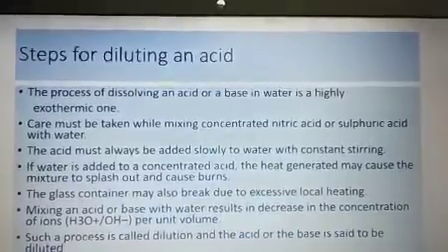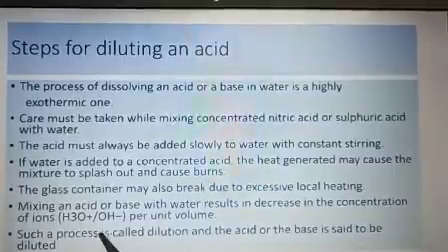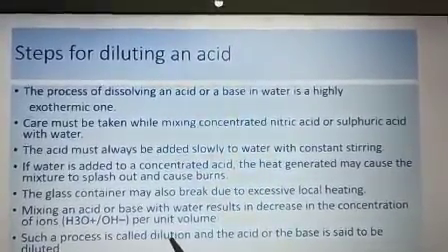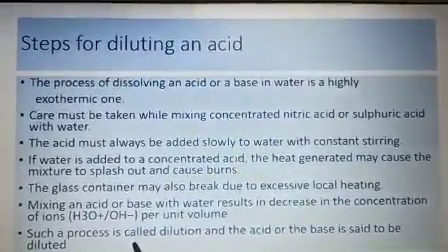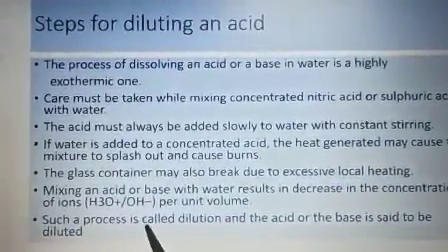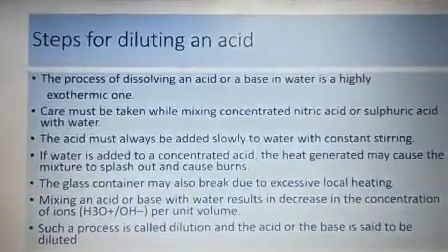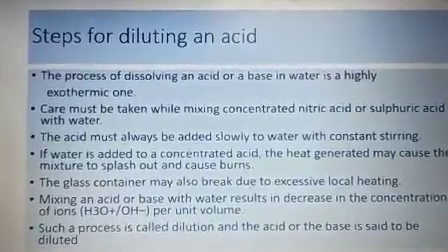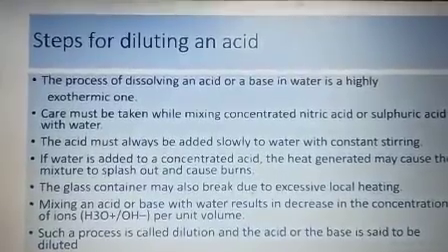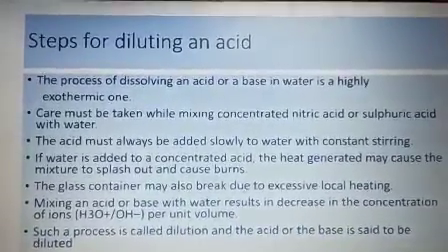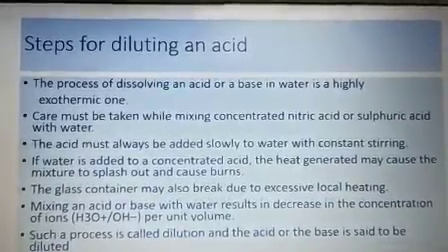Because the concentration is going down, the process is called dilution, and the acid or base is said to be diluted. So remember the steps for diluting an acid and its effect on the concentration of H3O+ ions or OH- ions, meaning hydronium ions or hydroxide ions. When you add water, its strength will decrease, right? It will be a dilute acid.